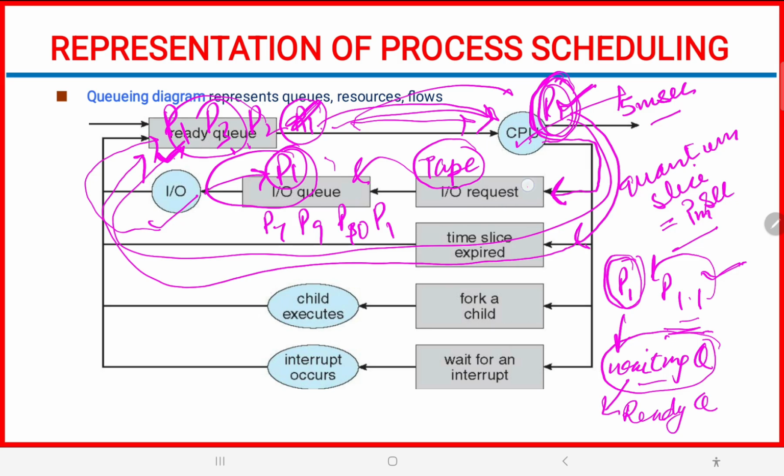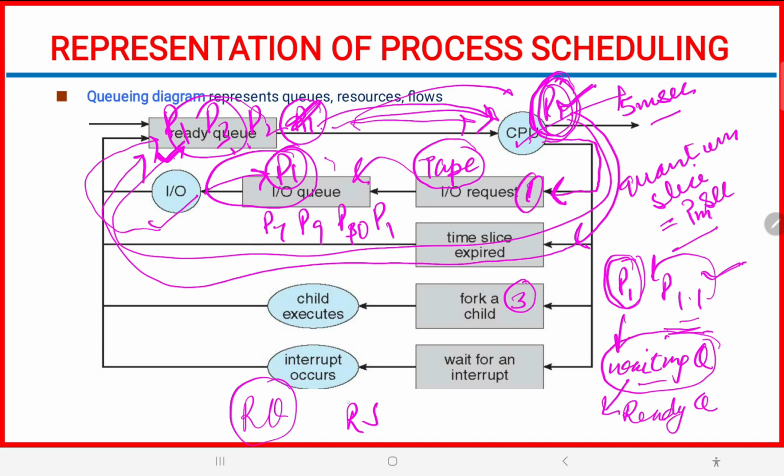So in the first case as well as in the third case, or in these two cases, the process eventually switches from the waiting state onto the ready state and then is put back into the ready queue. Ready state and ready queue, I'm using two terms over here. Ready queue means where different processes are already waiting. There may be a scenario that no process is waiting in the ready queue.